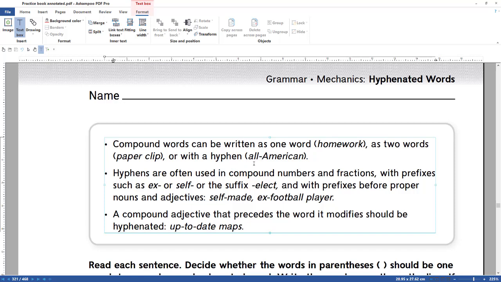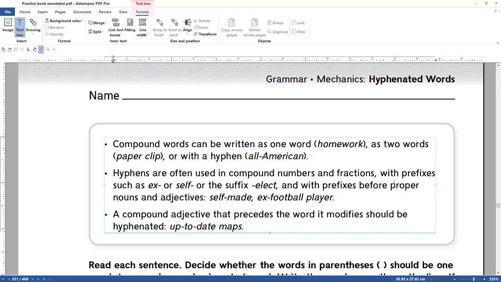So all-American, this one will also be called hyphenated words. Okay, hyphens are often used in compound numbers and fractions. So you can make the numbers compound together and also the fractions using the hyphens, which means also, as I said, the simple dash between the words.